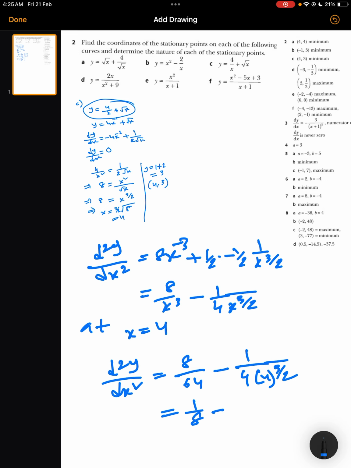Let me use a calculator. Yeah, it's a positive result, 0.09375, so greater than 0, it's a minimum. Yeah, the result is correct, minimum.